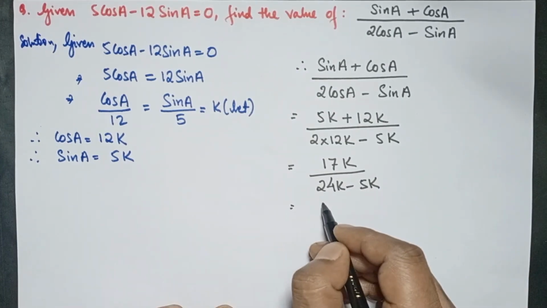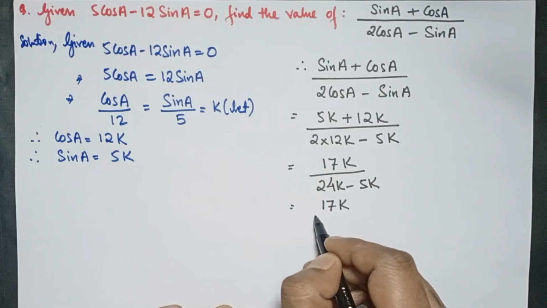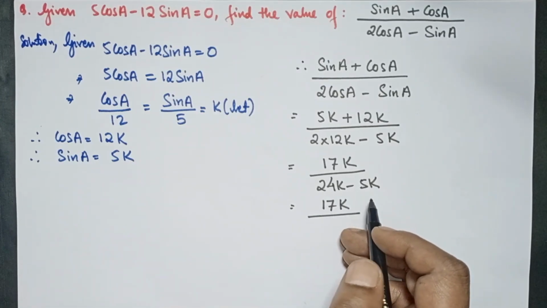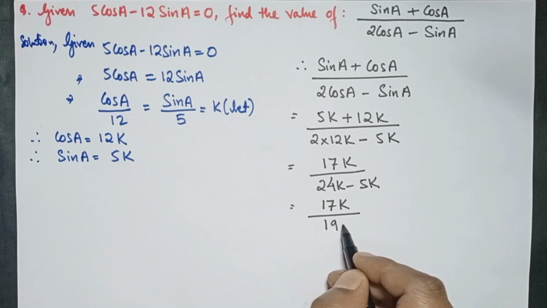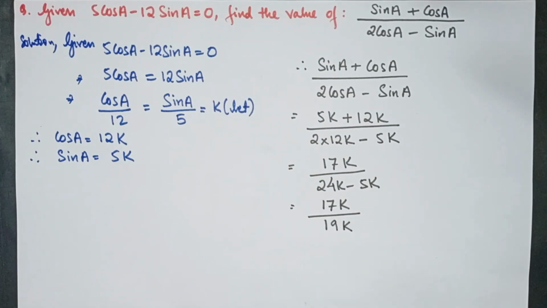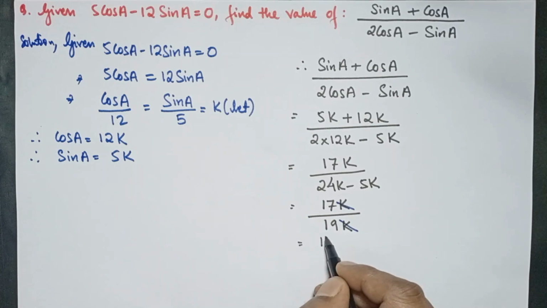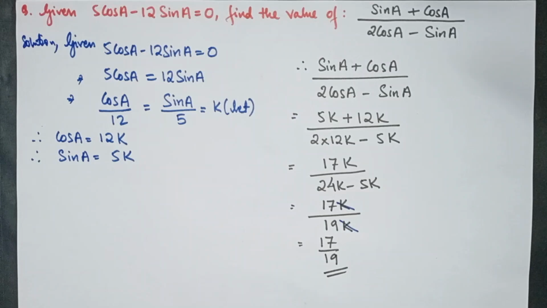Okay, so what do you have? 17k and 24 minus 5, how much will it be? 19k. So now this k got cancelled. So what did I get finally? I got 17 by 19. Okay, hope it is clear. So directly we got the answer.